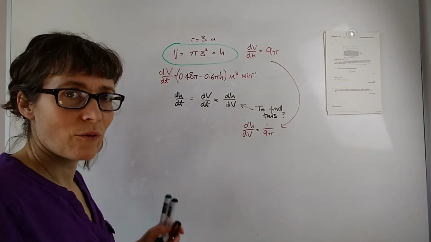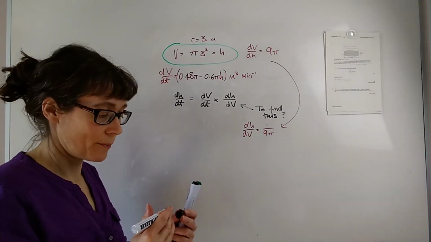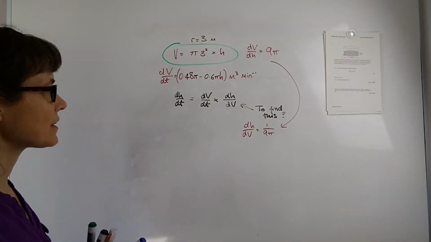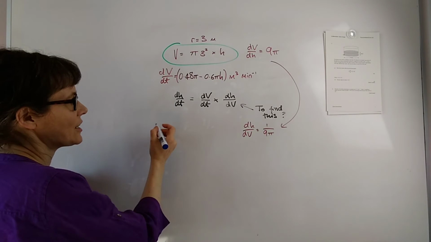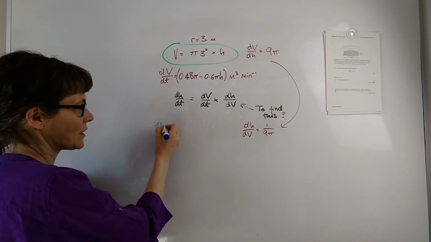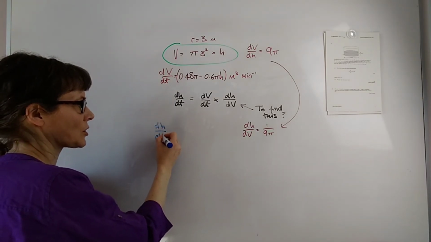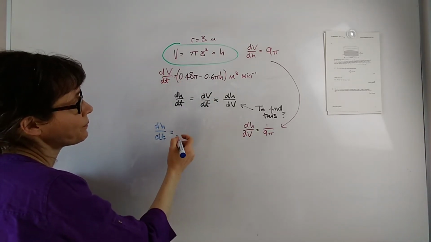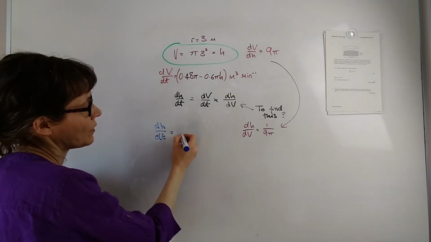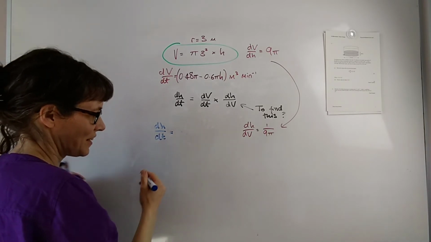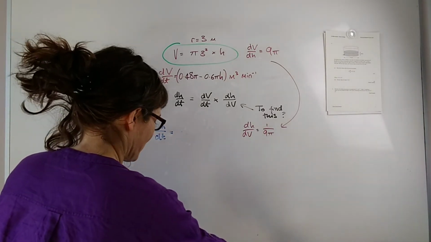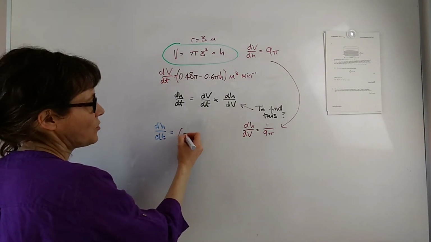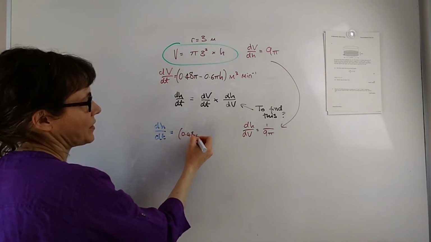So our dH/dt is dV/dt, so this thing here, is 0.48 pi minus 0.6 pi h times this thing here. Yep, so times 1 over 9 pi.